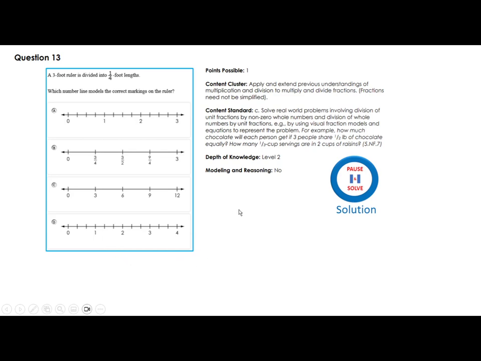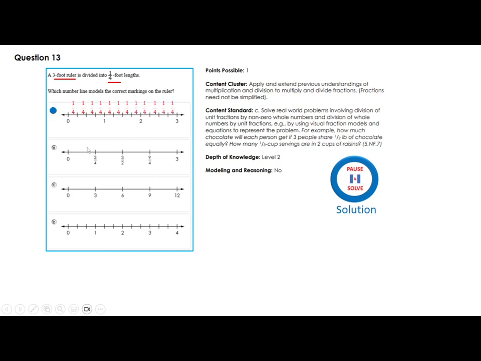A 3-foot ruler is divided into 1/4-foot lengths. Which number line models the correct markings on the ruler? If you notice here, that's 1, and there are 4 sections here, so that's 1/4. That's the detail. That's 1/4 here, 1/4 here, 1/4 here, etc. So that's the answer.